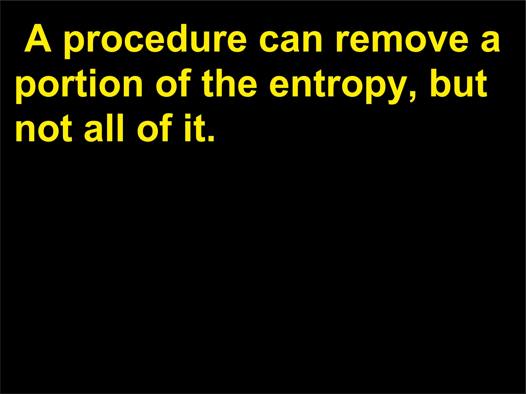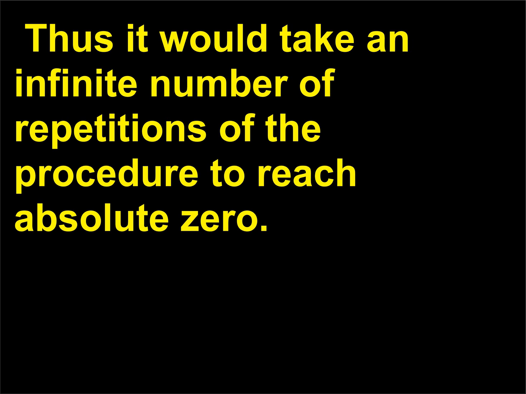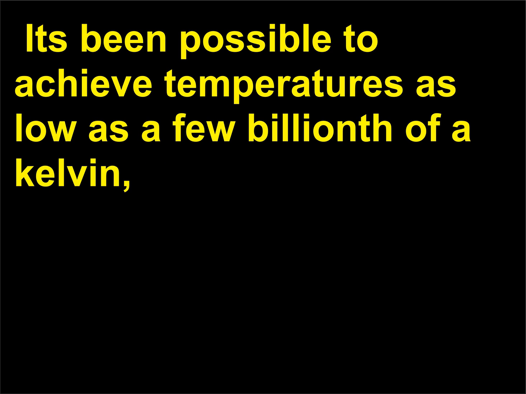A procedure can remove a portion of the entropy, but not all of it. Thus it would take an infinite number of repetitions of the procedure to reach absolute zero. It's been possible to achieve temperatures as low as a few billionths of a Kelvin, but it has never been possible to reach absolute zero.